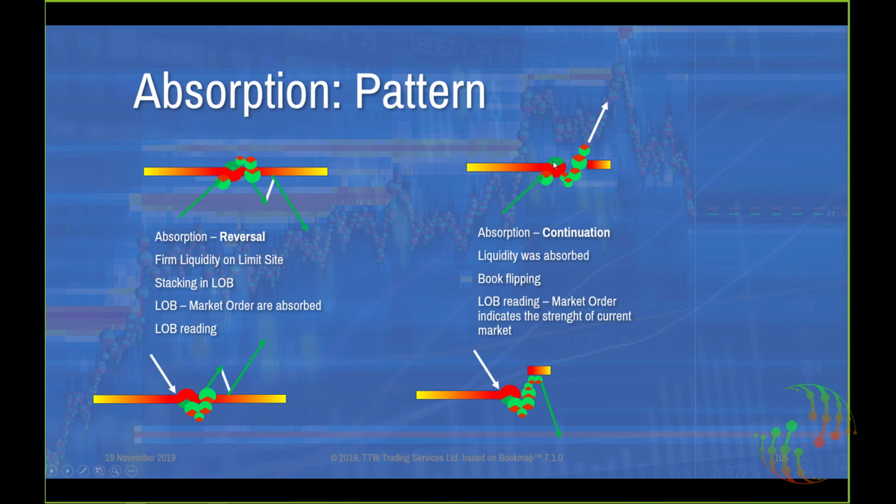That's the question. And then it continues up, and then what happens? Book is flipping. That means they are supporting the move up into the next liquidity level, which is probably sitting around here. And the same is also valid for the downside. So this is where we have to work around.